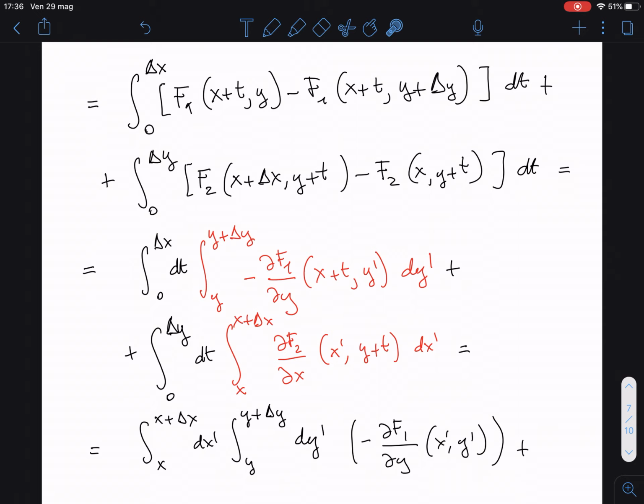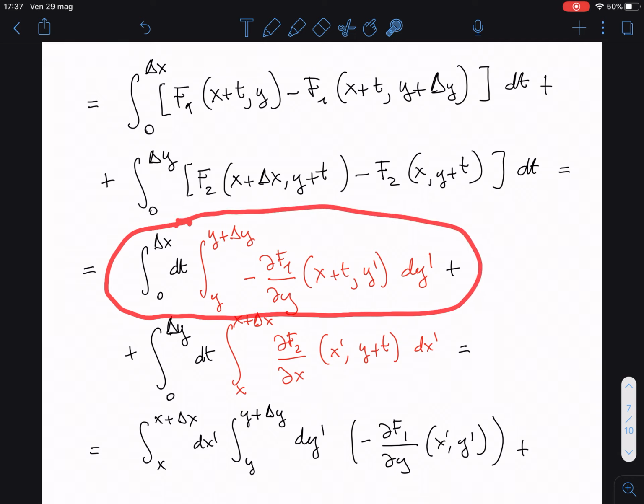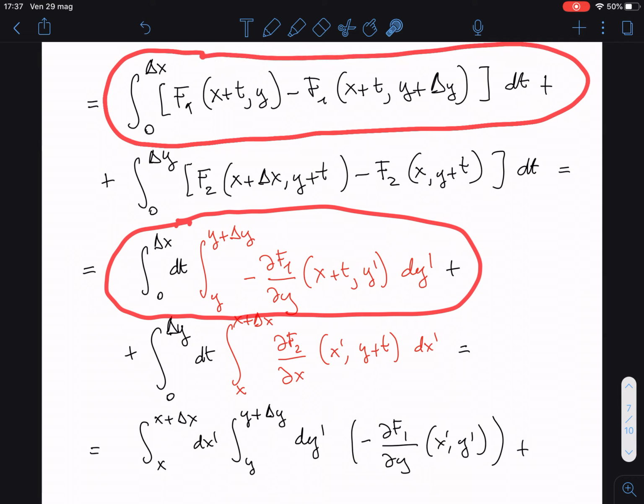What we do here, the new thing here, is in red. So consider this first term. This first term is a rewriting of this first term. And now notice that here we have a difference of the same function f1 with the same first argument, only the second is changing.